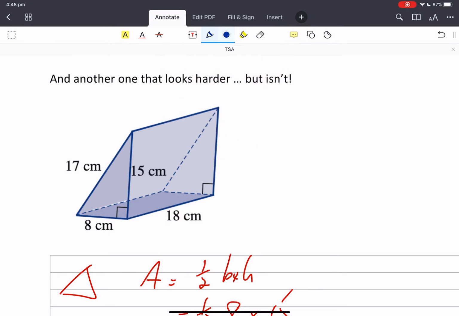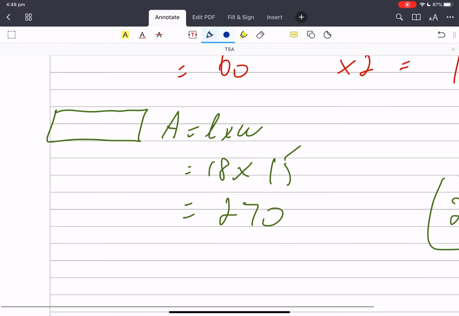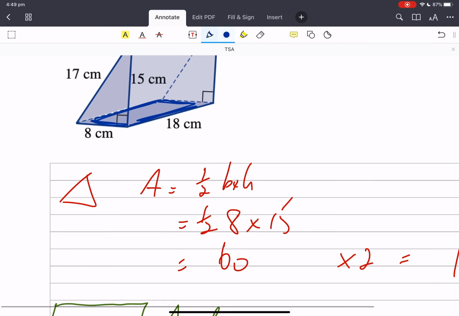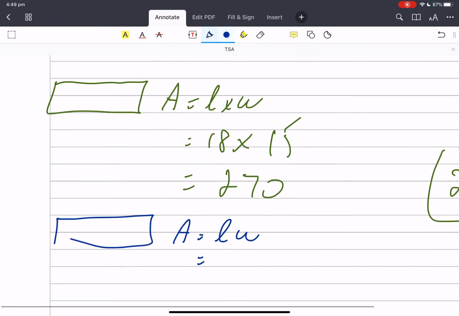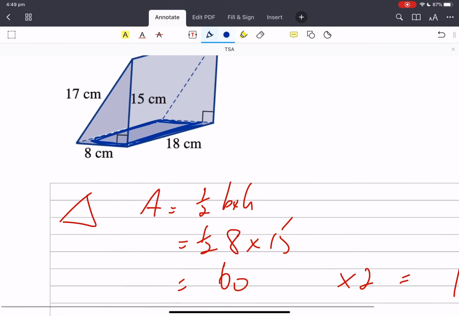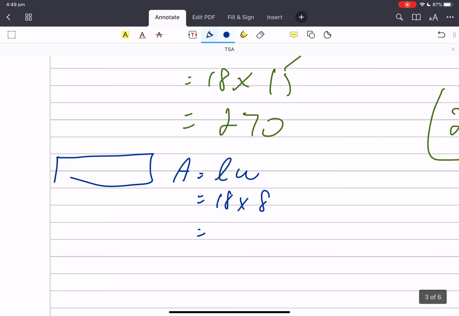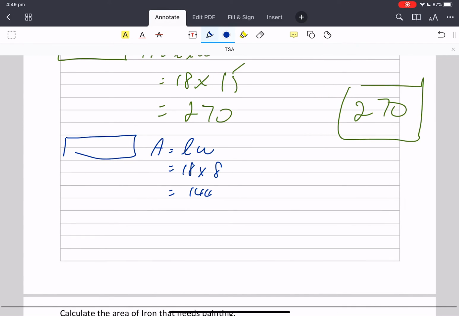So this blue rectangle is different. It's 18 long and 8. 18 times 8. And there's only one of them.